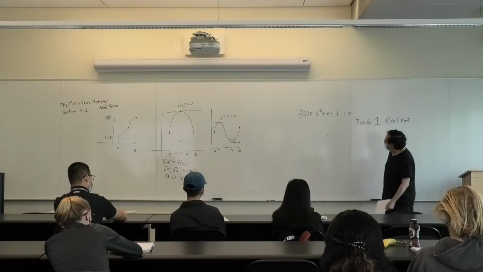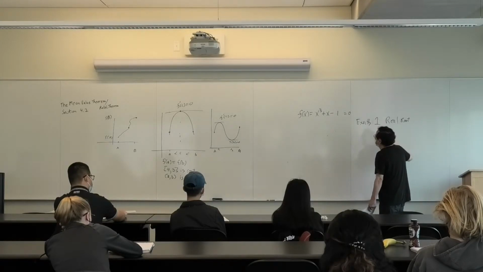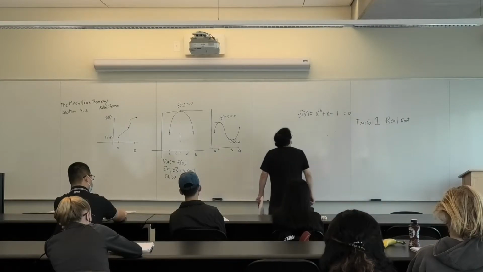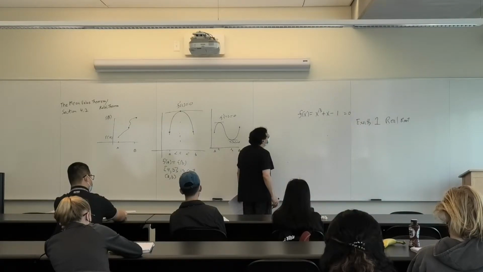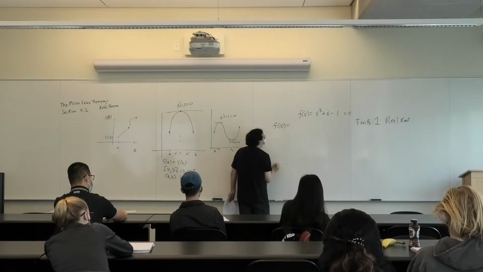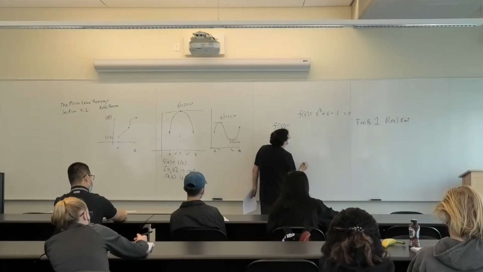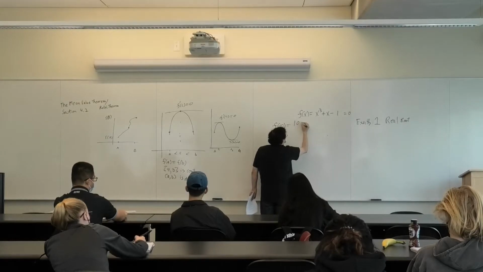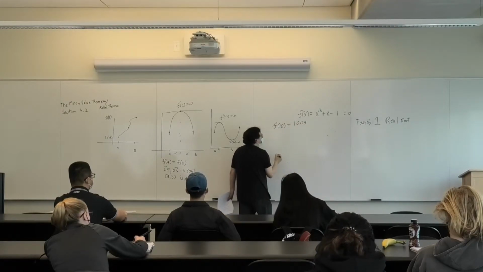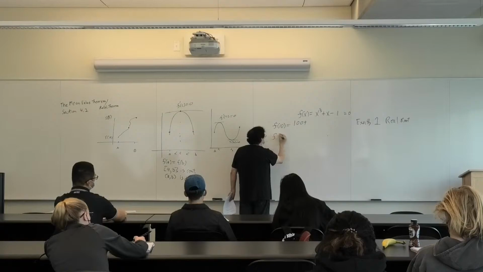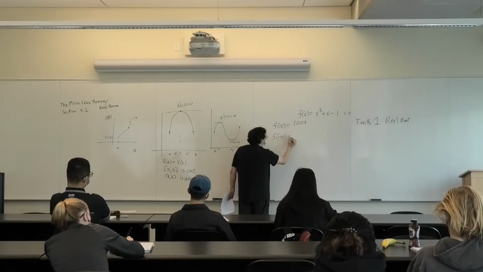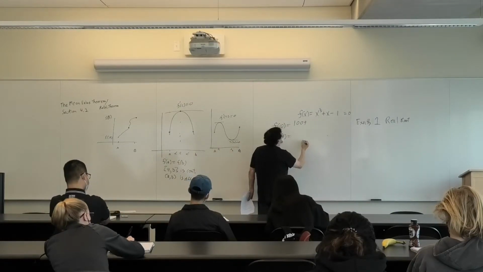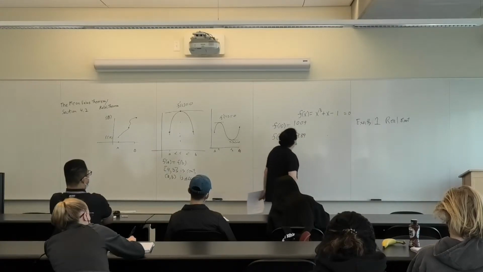Okay, well, let's first of all show that there is a real root. So let's pick a big number. That's going to be 10, f of 10 is 1009. Okay. Now let's pick a little number, negative 10.